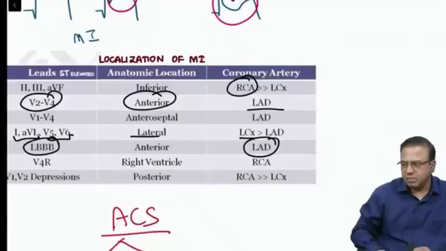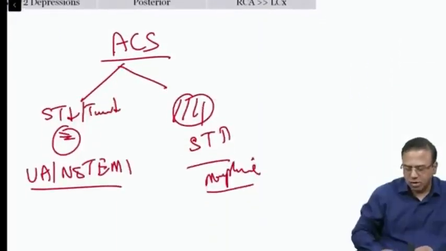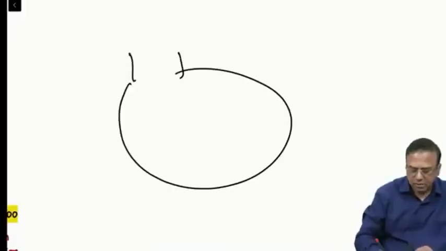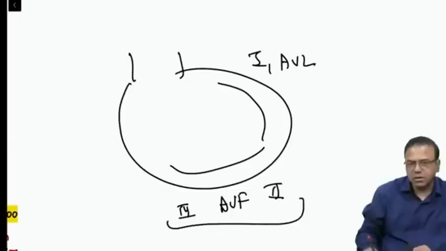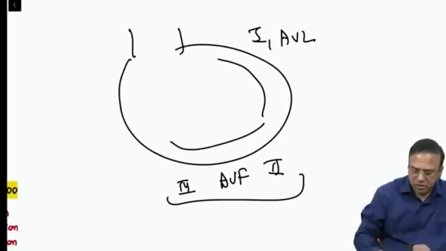What's the principle about reciprocal leads? Say you are looking at a patient who has lead 1 and AVL over here, and you also have the inferior leads, lead 3, AVF and lead 2. Remember, ST elevation has localizing power.